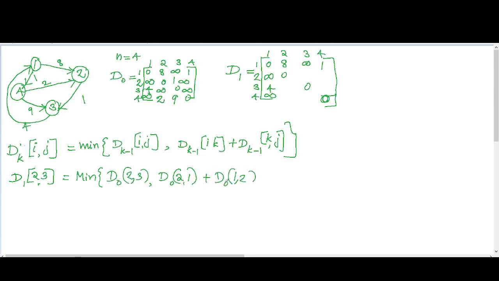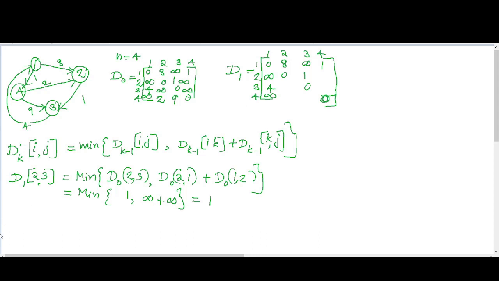Here we are taking 1 as the intermediate vertex. For finding D1, we have to take 1 as the intermediate vertex. So we have to take the minimum of these two values. So that is equal to the minimum of 1, infinity plus infinity. So that is equal to 1. So this position is 1.